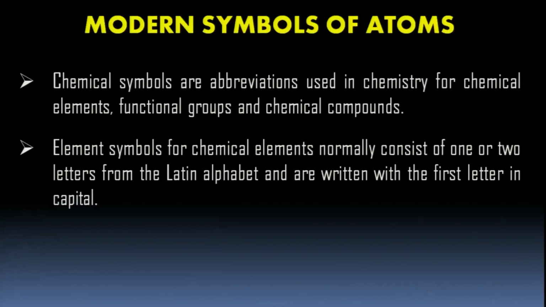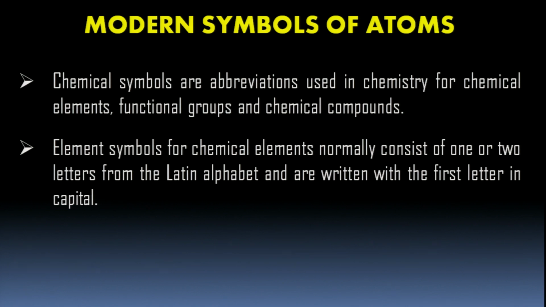Now, how were the changes done? The things we are following now are the changed ones: the modern symbols of atoms. What are the modern symbols? Chemical symbols are abbreviations used in chemistry for chemical elements, functional groups, and chemical compounds.